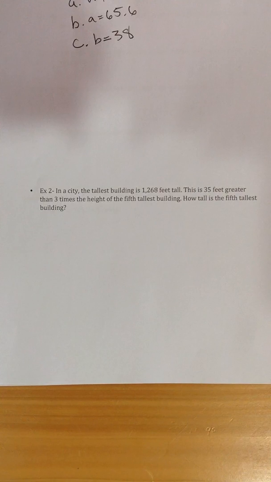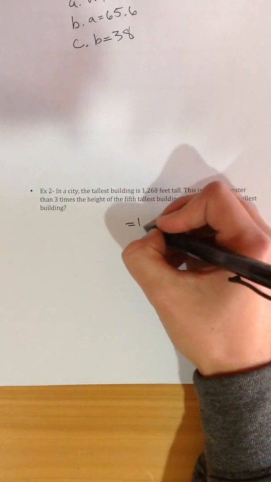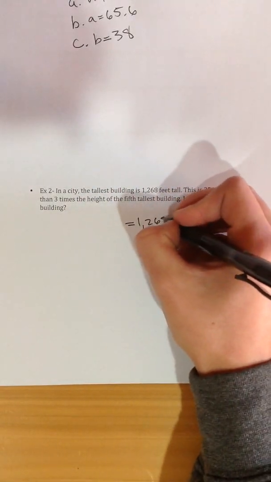So this one is a story problem. It says, in a city, the tallest building is 1,268 feet tall. It is 35 feet greater than 3 times the height of the 5th tallest building. How tall is the 5th tallest building? So let's focus on what our total is first. Our total here is going to be the tallest building, which is 1,268 feet.